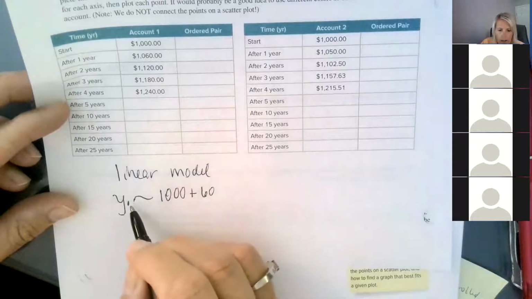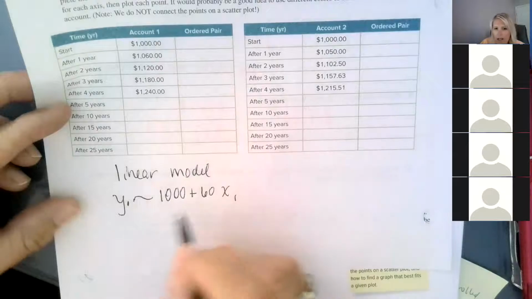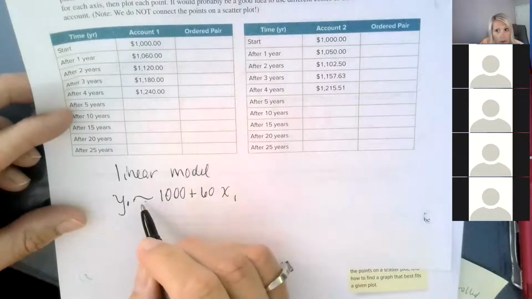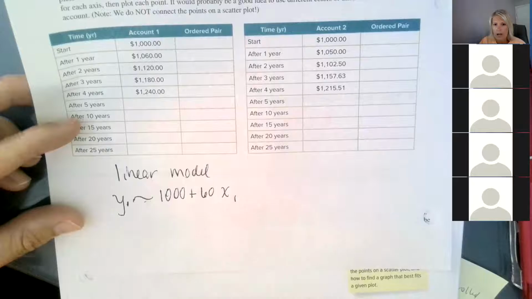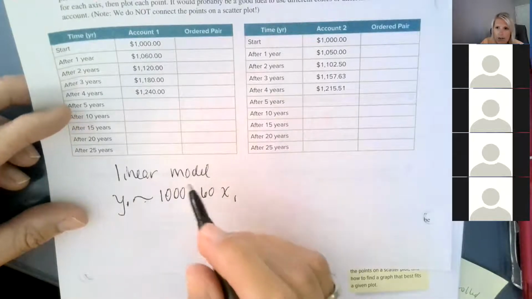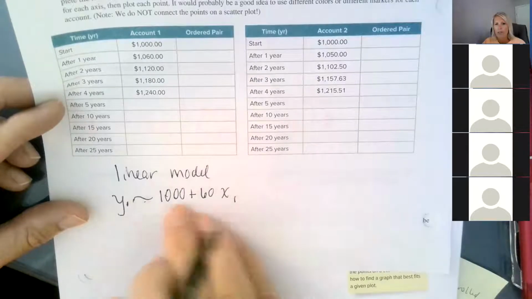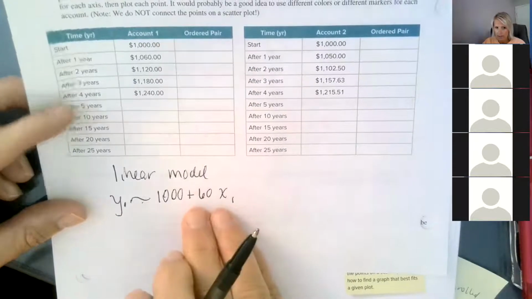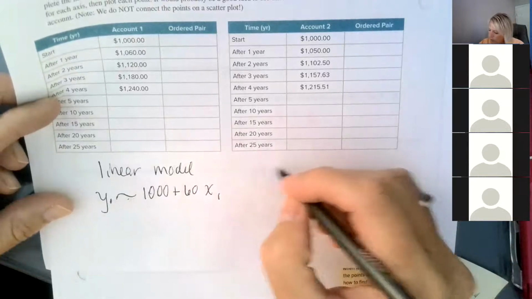So Y1 tilde 1,000 plus 60 X1. The tilde says, I don't know the exact equation, but I want Desmos to come up with what's called a linear regression equation. I wanted to come up with a linear model and see how well it fits. And then we might as well write it right here.